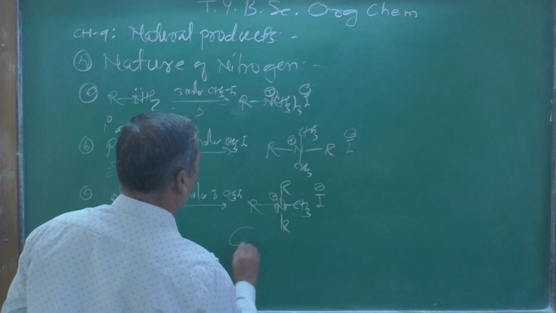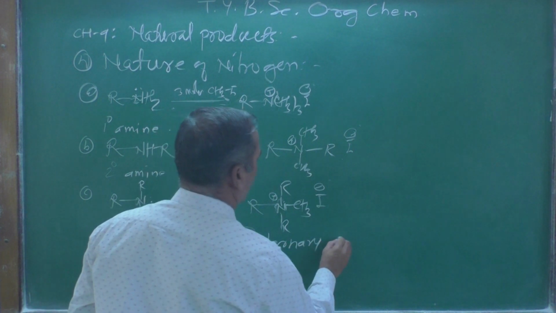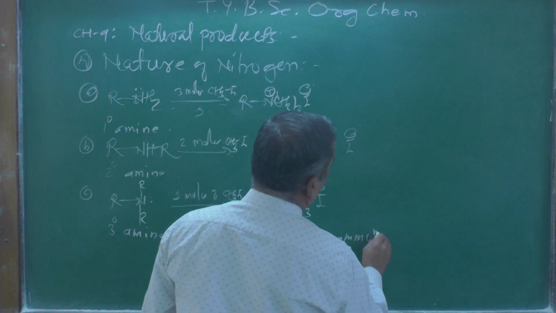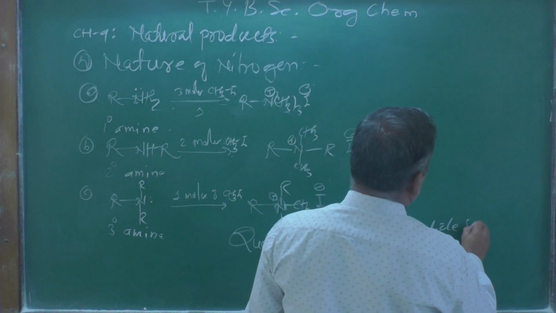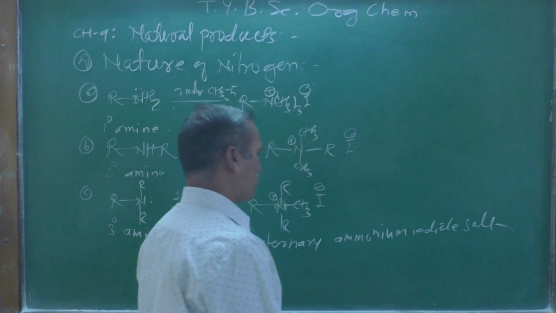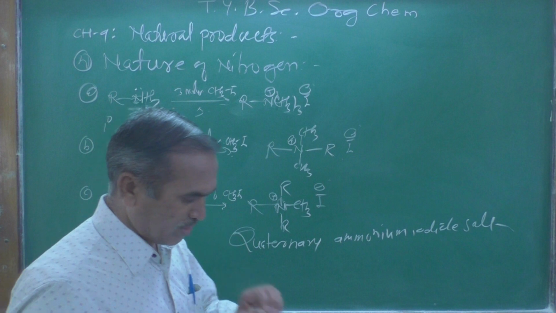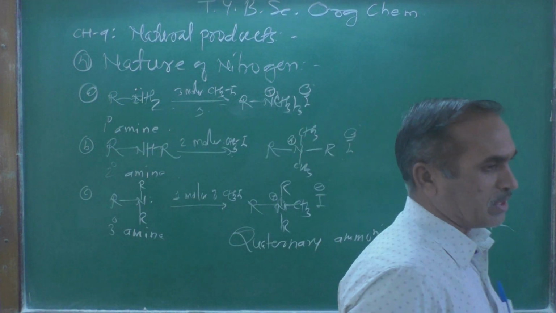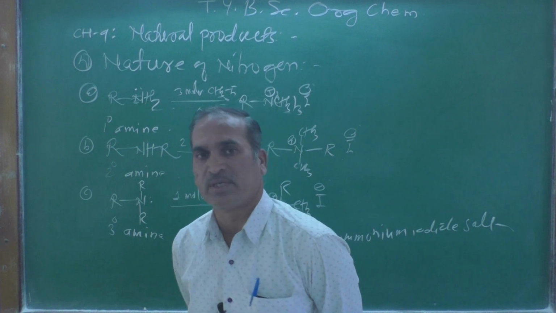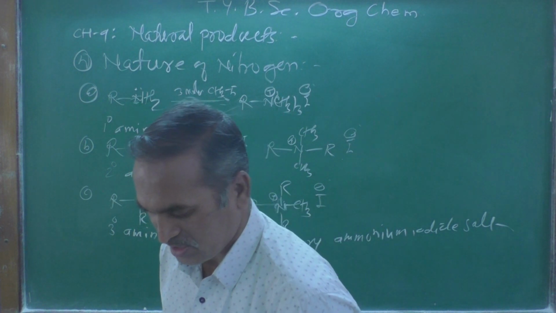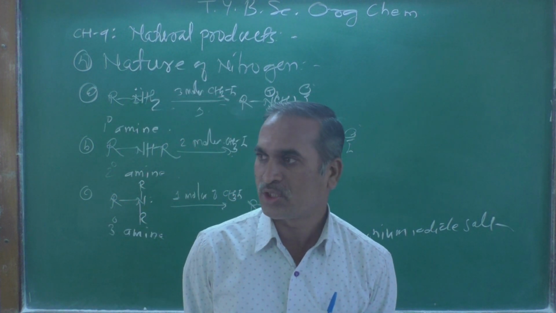You can just call it a quaternary ammonium salt. It is the end product, and from this we can infer what kind of amine is present, whether primary, secondary, or tertiary.